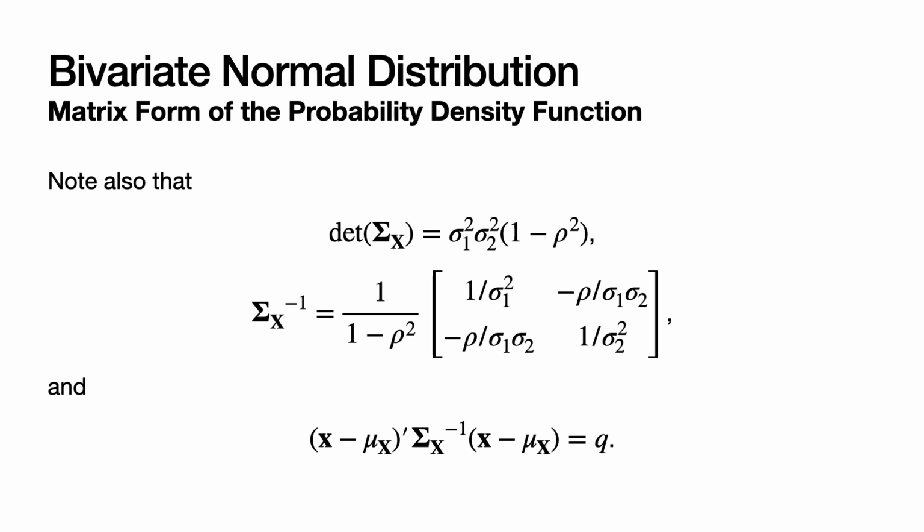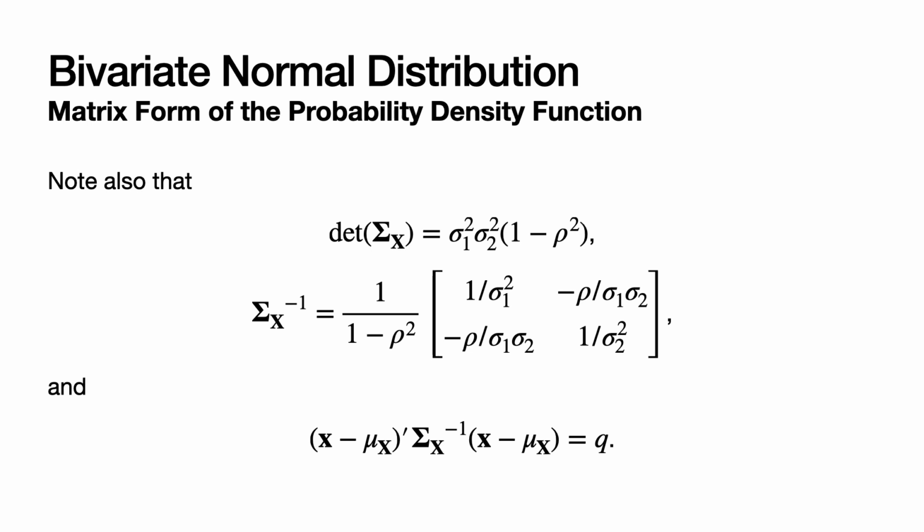And you'll notice that the quantity q can be expressed in terms of the x vector, the mu vector, and the inverse of cap sig in the following way.